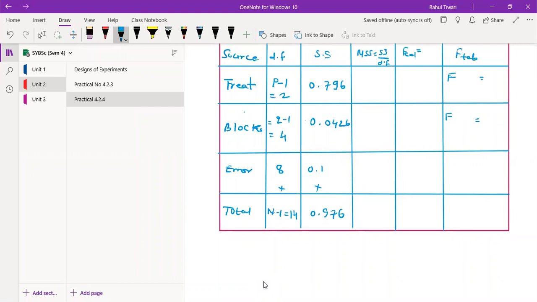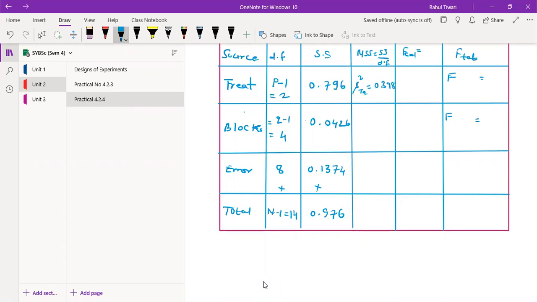Just check if this is right or wrong. 1374. Yeah, 1374. Then SS upon degrees of freedom gives you the small S square treatment, which is simply 0.398.